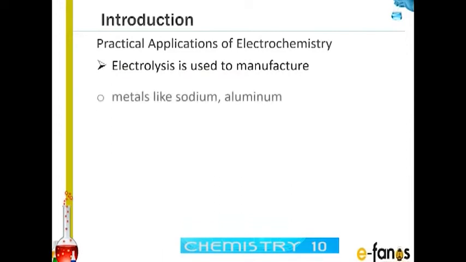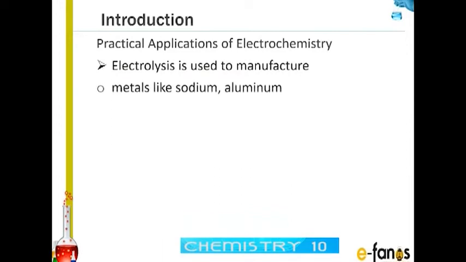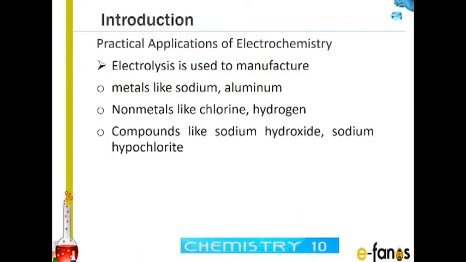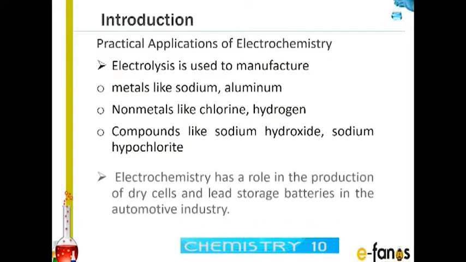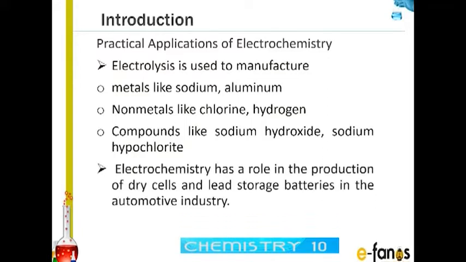Electrolysis is used in the manufacturing of metals like sodium and aluminum, nonmetals like chlorine and hydrogen, and compounds like sodium hydroxide and sodium hypochlorite. We also use electrochemistry in the production of dry cell batteries and lead storage batteries in the automotive industry.